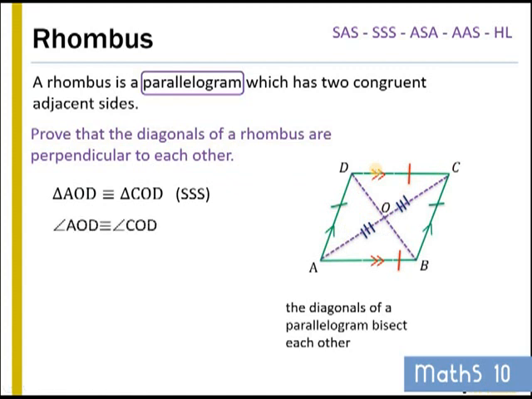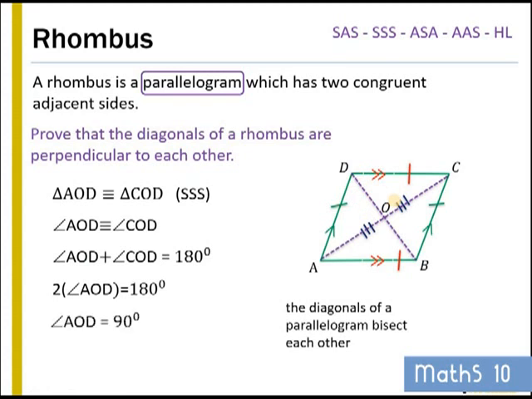So angle AOD is equal to angle COD, and also angle AOD plus angle COD must equal 180 degrees because they make a straight line here. So 2 lots of angle AOD is 180 degrees, and therefore angle AOD must be 90 degrees. In the same way, all of the other angles around the centre must also be 90 degrees.